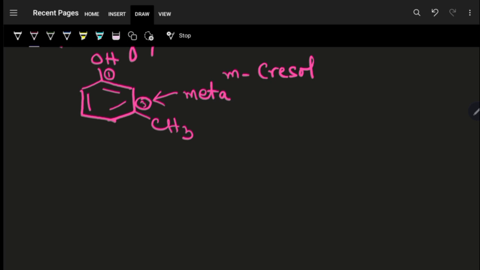Then what will be its IUPAC name? CH3 is in position 3, so it is 3-methyl phenol.